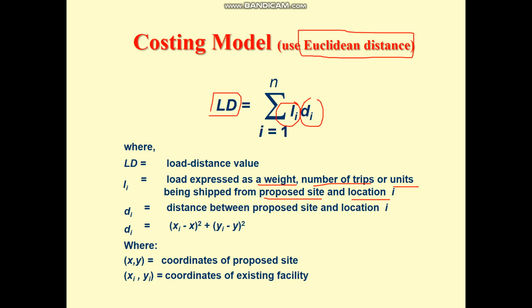And di is the distance between the proposed site and location i, and we calculate the Euclidean distance by this formula. We have x, y as the coordinates of the proposed site, and xi, yi as the coordinates of the existing facility.